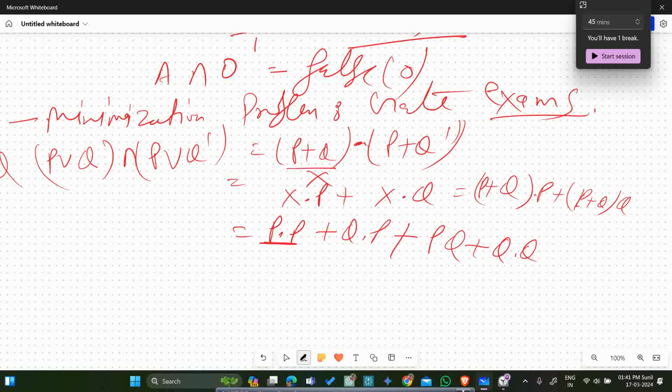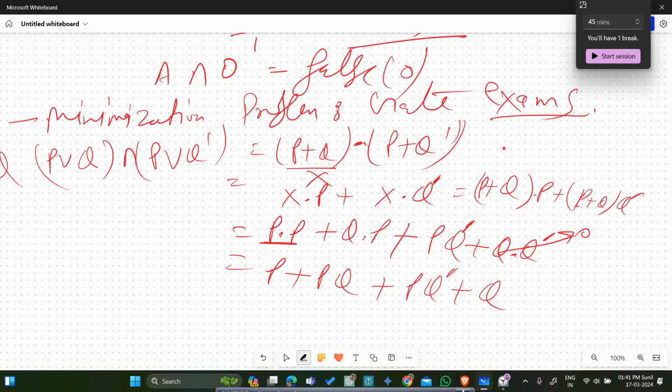This is where I say idempotent law. Idempotent law for this is P only, then PQ plus PQ. This is Q only. Oh, sorry, this was Q dash, Q dash, P dot Q dash, Q dash, and this is Q dot Q dash, we put 0 here.